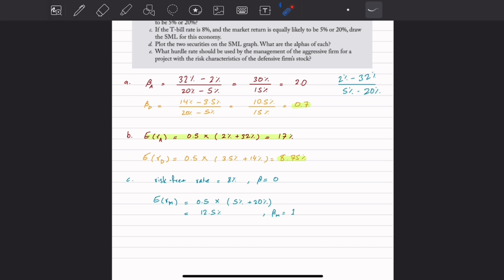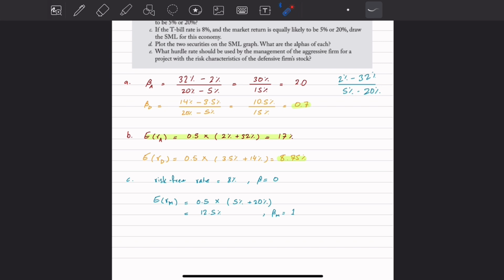And the question also assumes that you know that the risk-free rate has a beta of 0. This is fixed. It doesn't change. Any risk-free rate, treasury bill, or any other alternative that you use as a benchmark or as a representative of your risk-free investment would have a beta of 0.